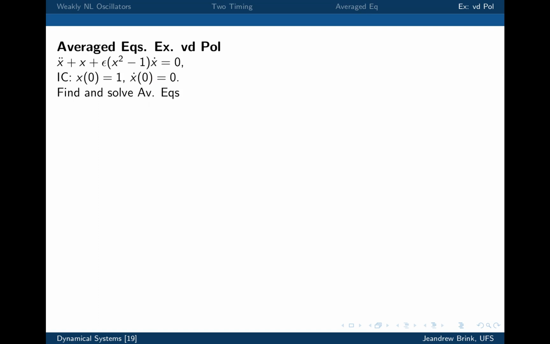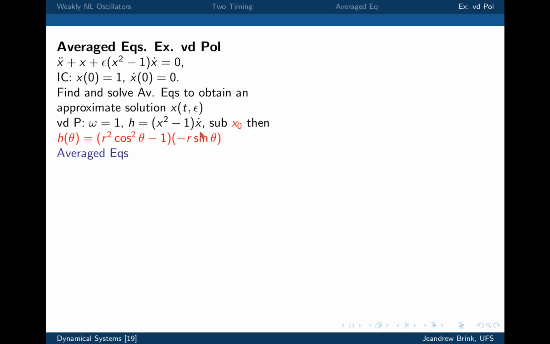We basically want to find and solve the averaged equations to find an approximate solution to x of t and epsilon. So this is now a non-trivial example. And so we have omega equals 1, just to put it in the form that we've had, and we have h equals x squared minus 1 times x dot.